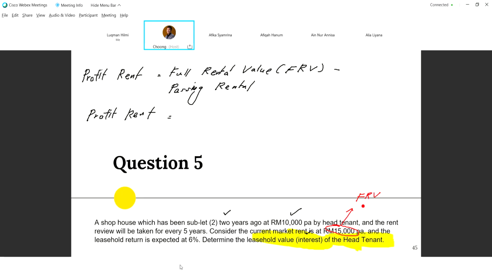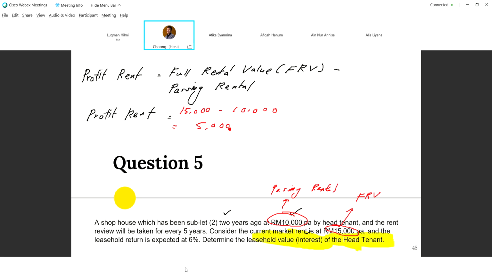And then where is your passing rental? Your PR. This one. This is your passing rental. So you have your 15,000 minus your 10,000, you get 5,000.